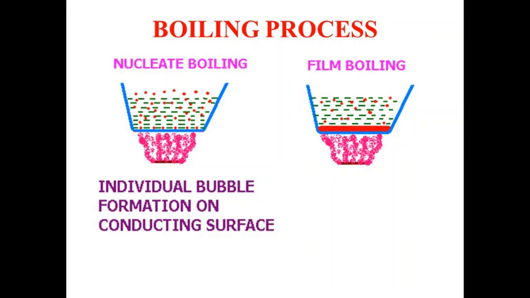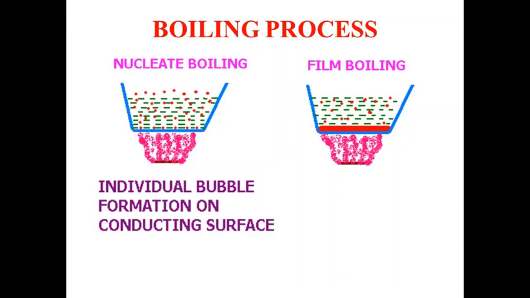Now there may be another situation of heat transfer when the vessel is getting extremely overheated, and when we pour liquid into the vessel, due to high heat availability, the liquid layer which is coming in contact with the vessel immediately turns into steam, and as a result there is a steam blanketing.